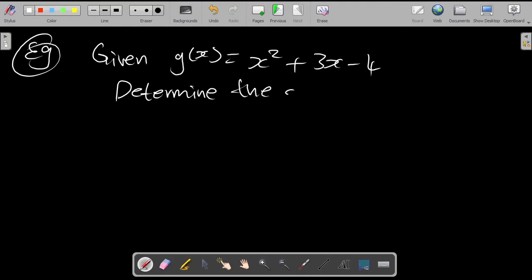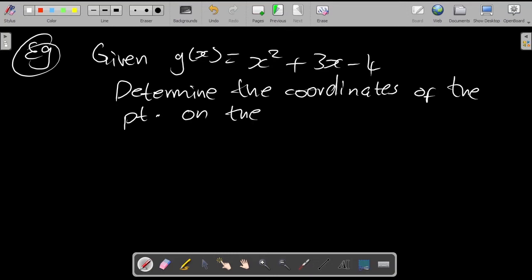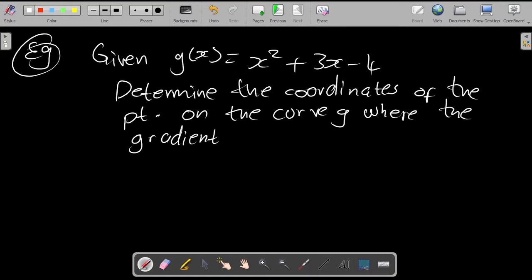Determine the coordinates of the point on the curve g where the gradient of the tangent is minus 3.